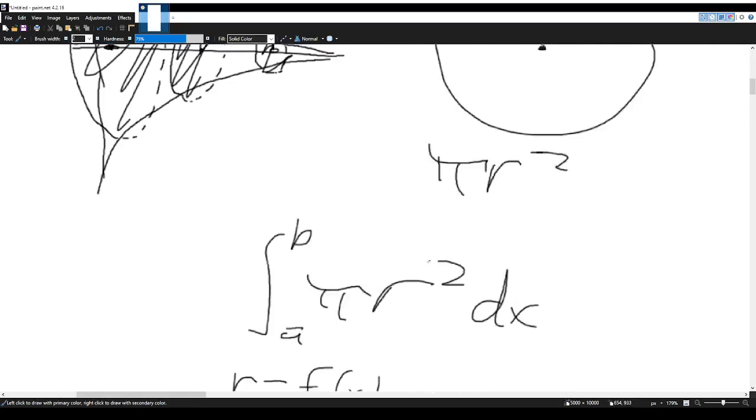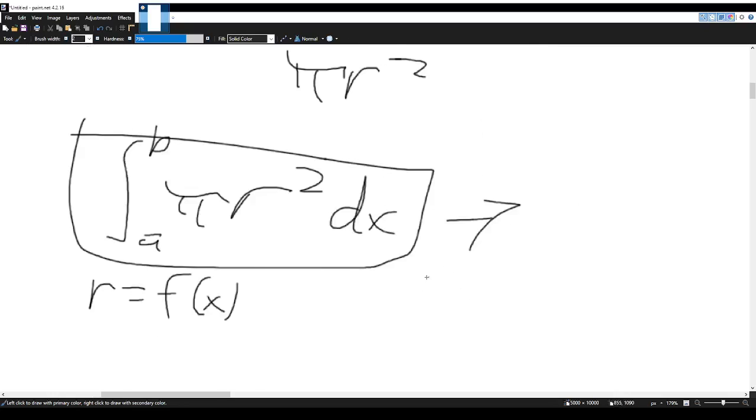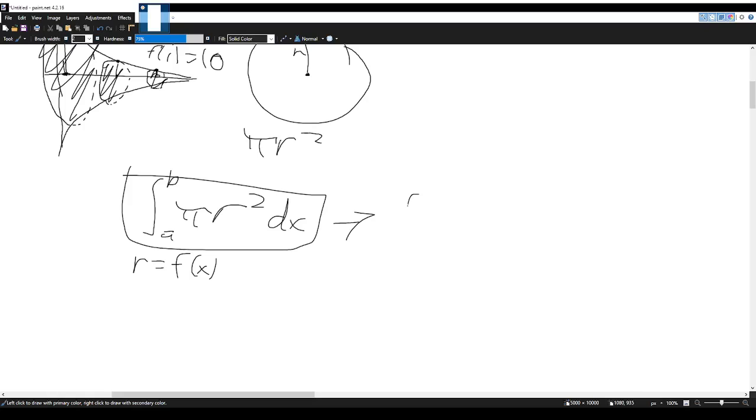So we can turn this whole thing into, still from a to b, pi, and instead of r, we're going to put f of x squared dx. This is what I was talking about earlier.